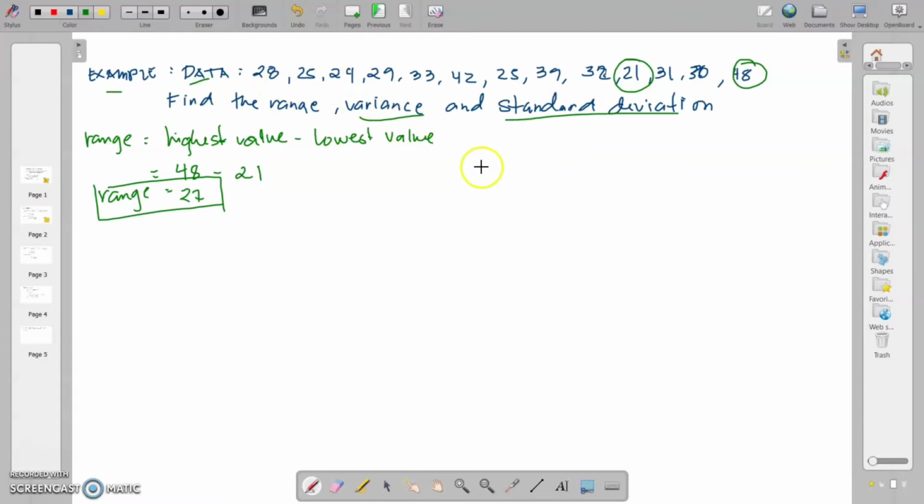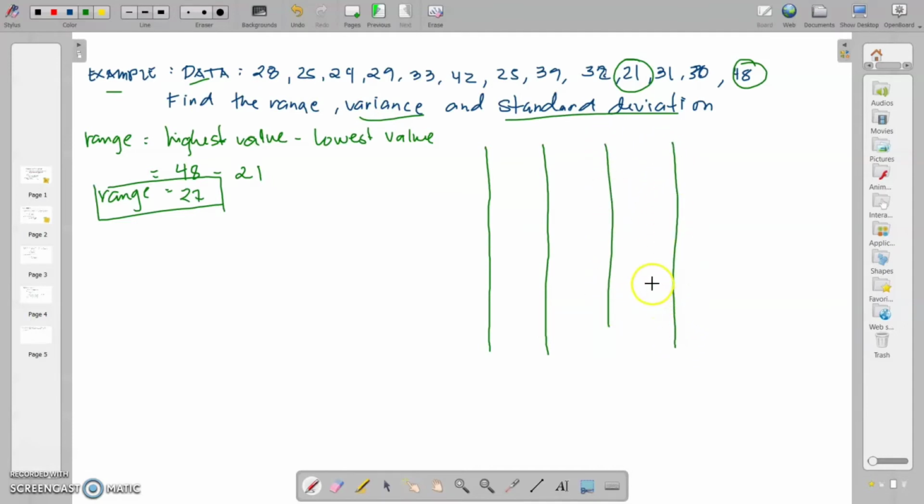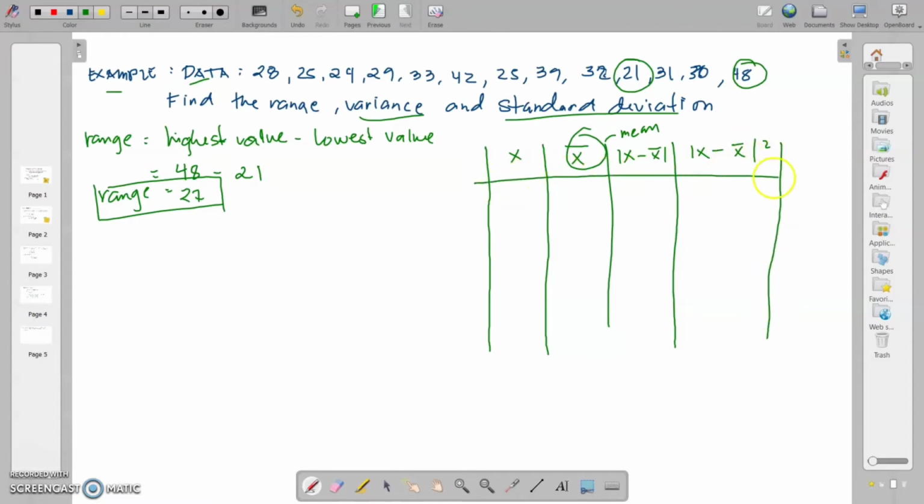The columns are the given data, which is x, then x bar, which is the mean, then the quantity x minus x bar, then the quantity x minus x bar, squared. So that is the table.